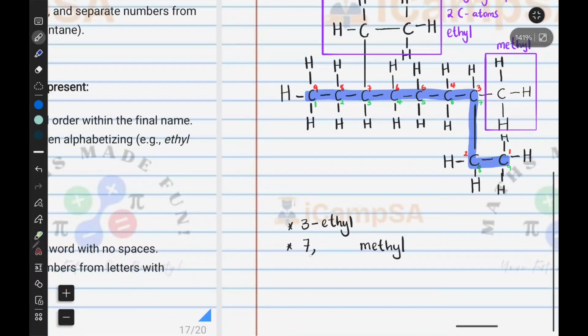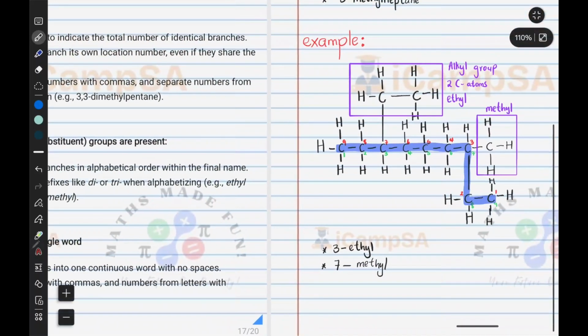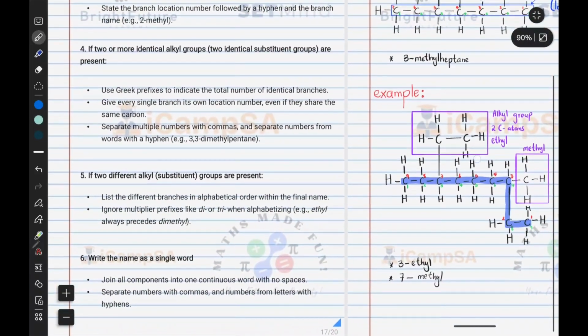So I would say 7 and again 7 within the same carbon atom. And since there's 2 of them, this will be a dimethyl. That's when we would use the Greek prefixes. Right, but now, since it's only 1, we'll just use methyl. That's what the rule is saying. But don't worry, more examples are coming.